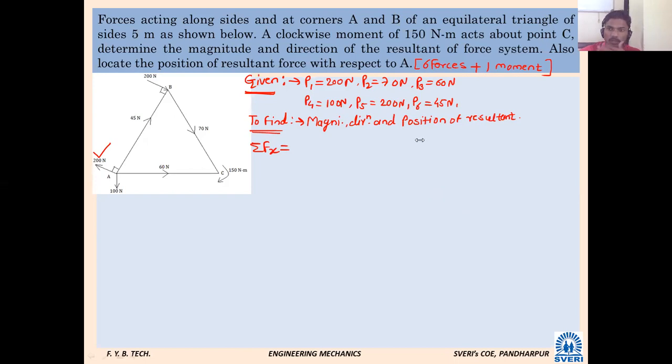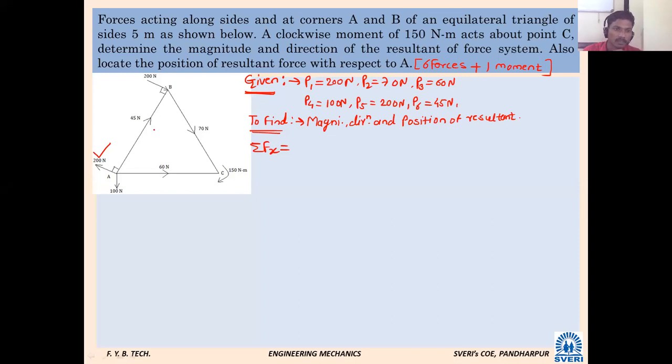Who is telling 45? Don't worry about your answer. It may be Rohini. How is it 45, Rohini, according to you? Vertically. A little louder.